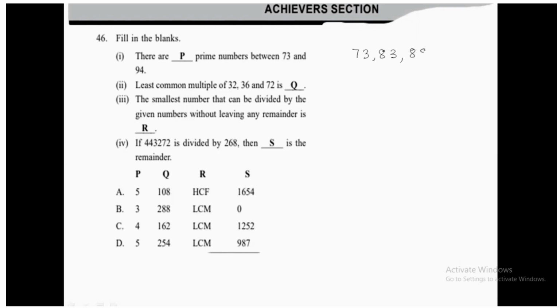Then 89. Okay. So between 73 and 94, we have three prime numbers. So the value of P will be 3.